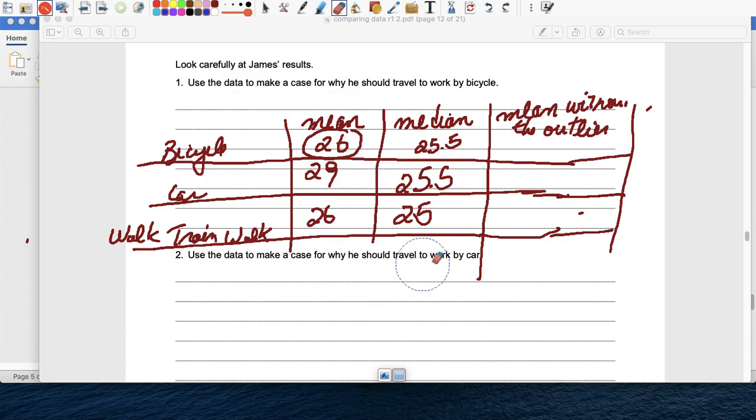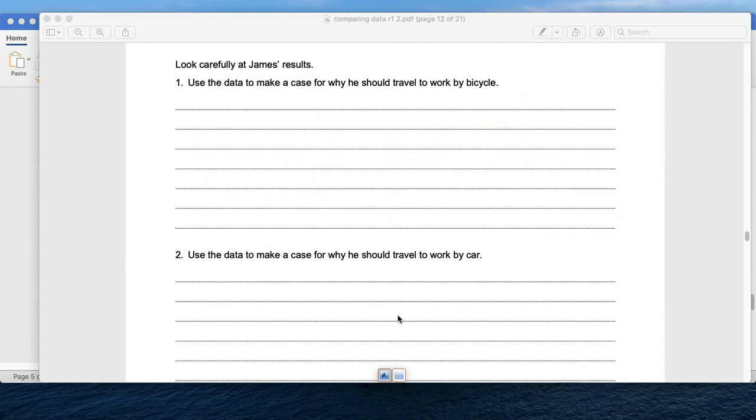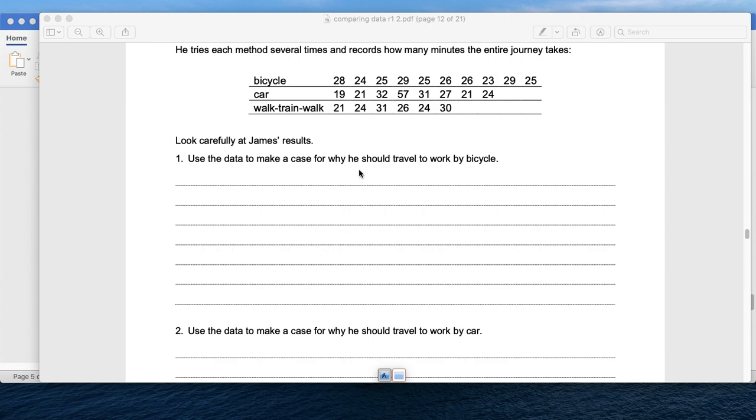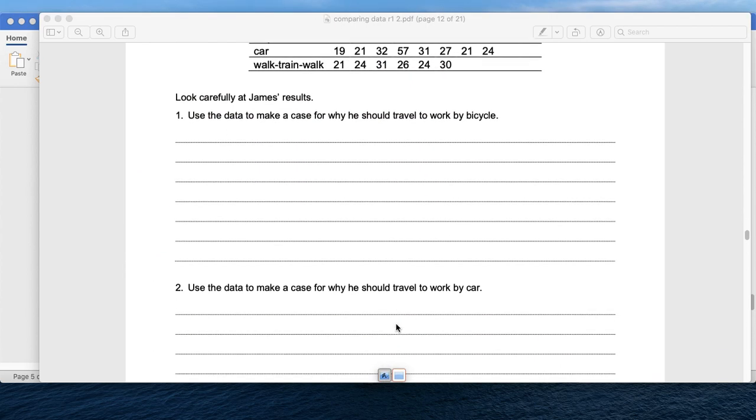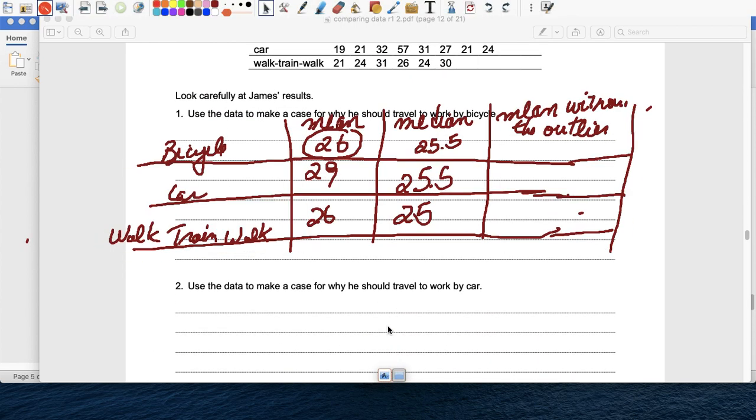La pregunta 2 está diciendo, it's saying, why should he take the car? ¿Por qué tienes que ir de coche? So over here, now we're going to do the mean again.